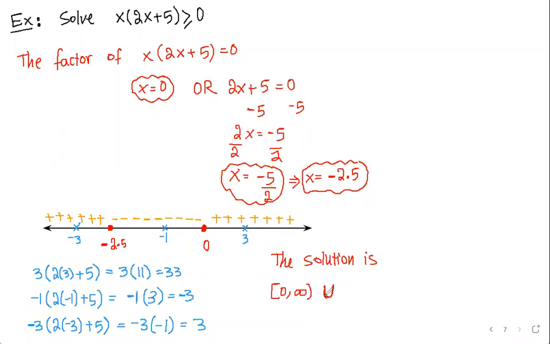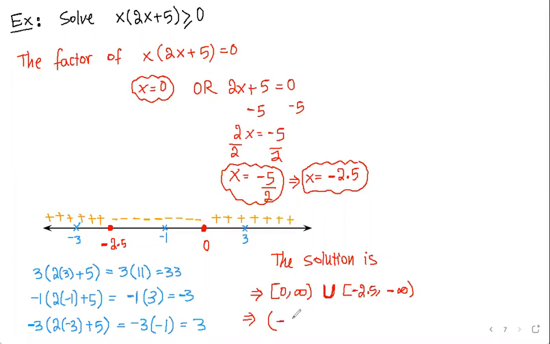Union means and. From minus 2.5 to negative infinity. Or you can write it in a different way, in the correct order.